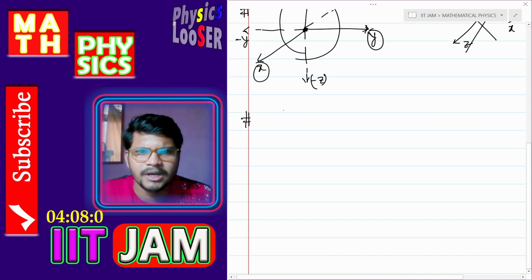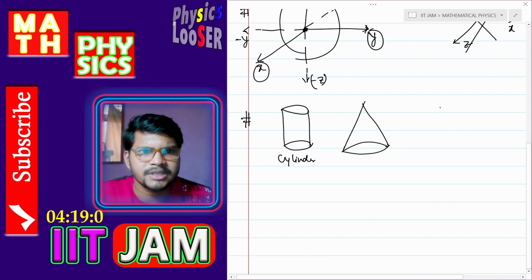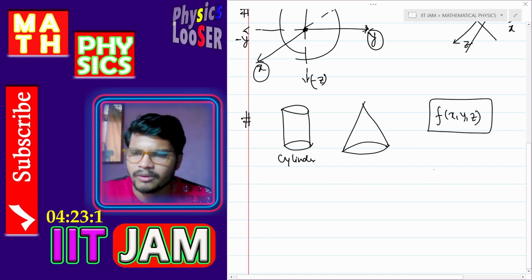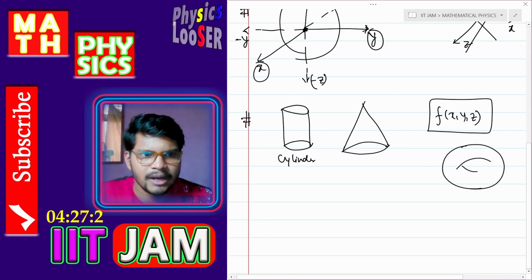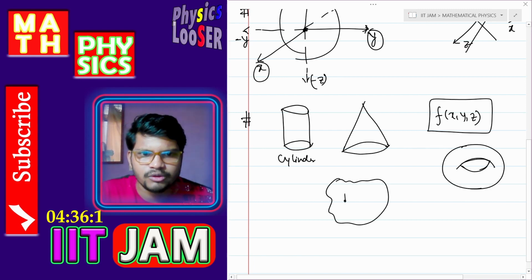You have a certain kind of space. For example, in 3D space, you have structures like a cylinder, maybe a cone, maybe some abstract function of x, y, and z defining some region. For example, a torus with a particular height and area, and so on. You can find the volume of such a thing. Whatever the space, if you want to find its volume, you have to integrate over the complete volume.